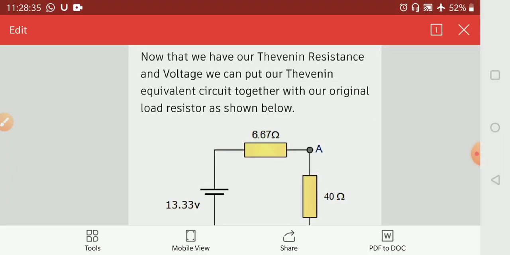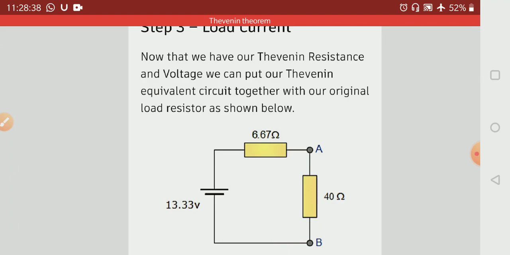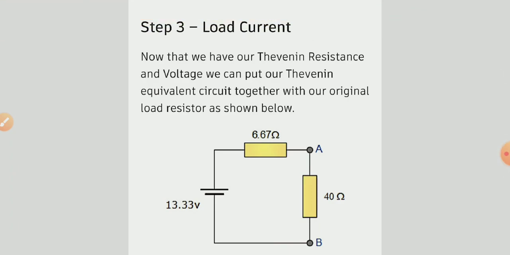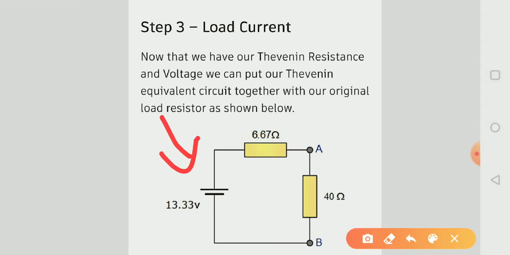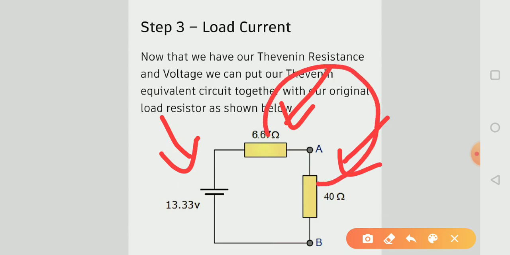We know that by Thevenin's theorem, if we take this circuit in the equivalent circuit, we combine the Thevenin voltage with the series Thevenin's resistance, and these two, voltage and resistance, are connected in series with the load.